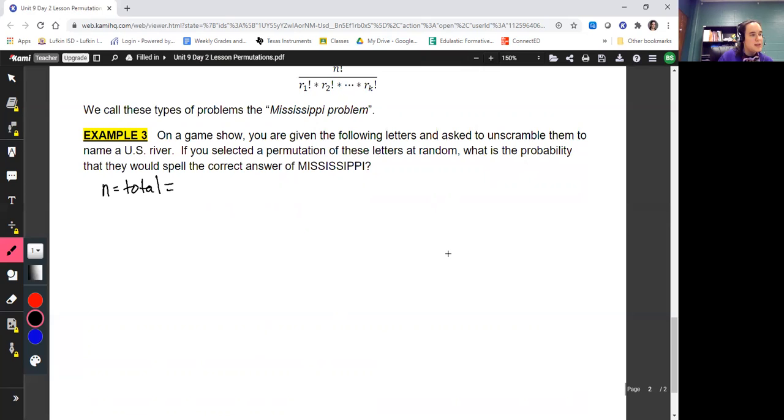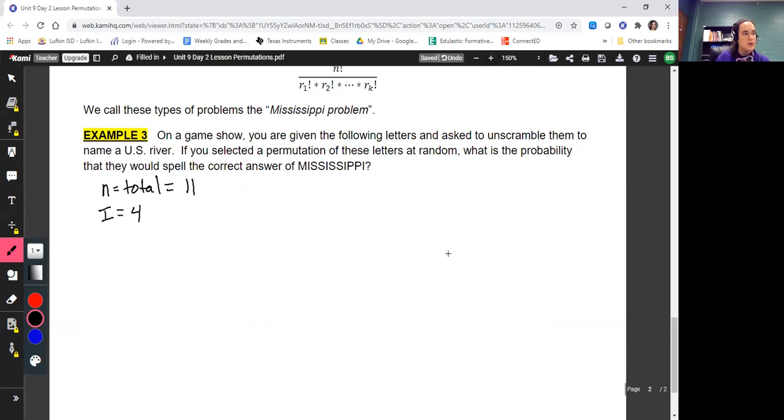So in Mississippi, we have 1, 2, 3, 4, 5, 6, 7, 8, 9, 10, 11 letters. Then we need to find all the letters that appear more than once. So M only appears once, not worried about M. I, that's 1, 2, 3, 4 times that we see it.